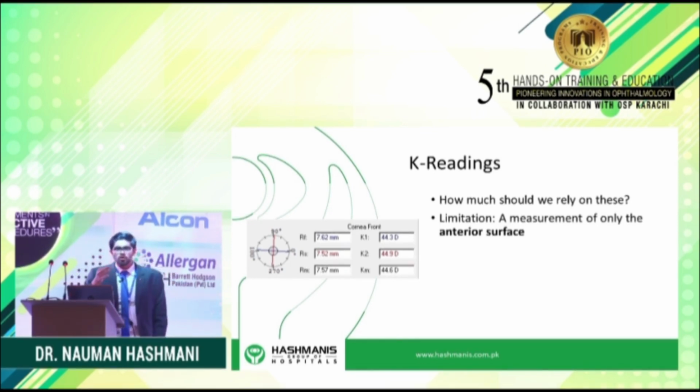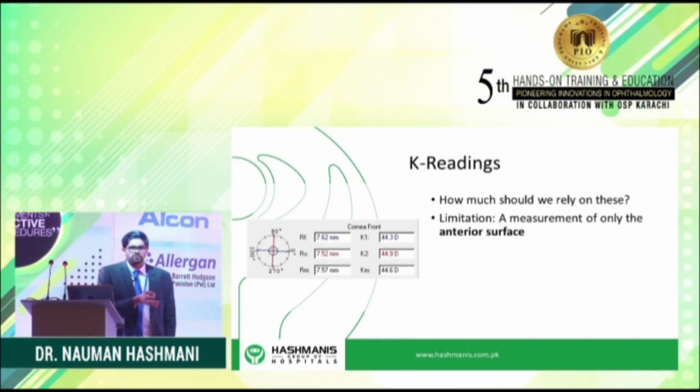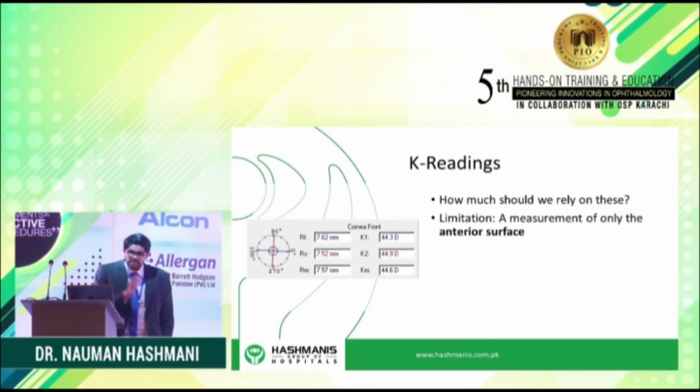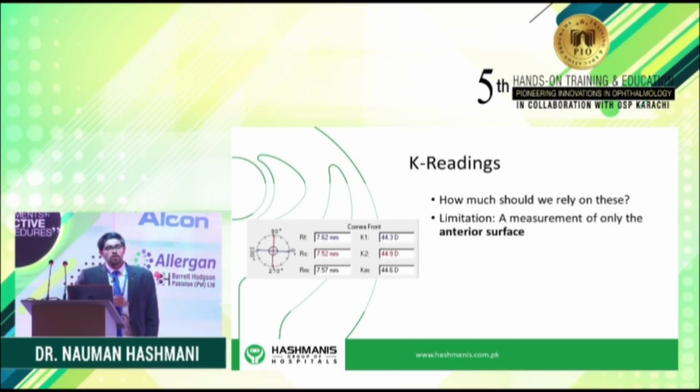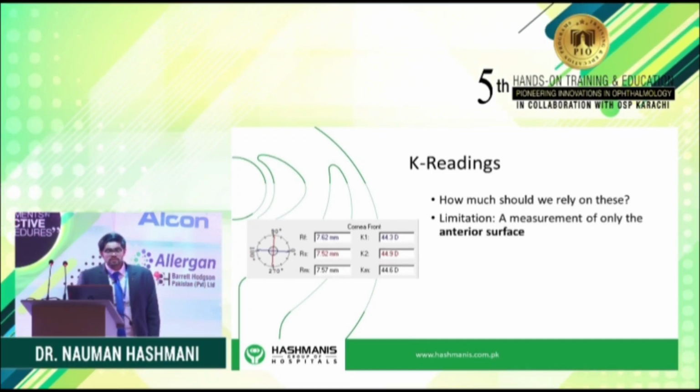So if your cone has not reached the anterior surface of the cornea, or if your cone is paracentral, it's going to take a longer time for the anterior cornea to show a K1, K2 value of greater than 47 diopters that we're looking for. So as a screening protocol, K readings are fine, but as a diagnostic protocol, that will miss a high proportion of keratoconic patients.